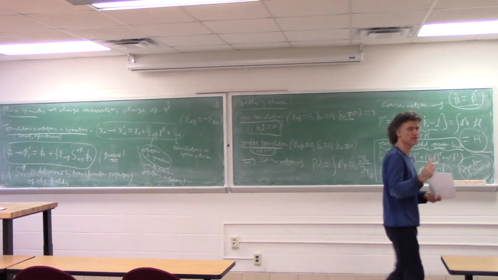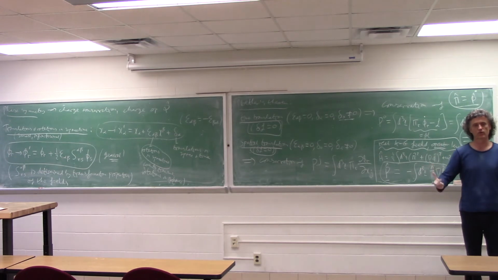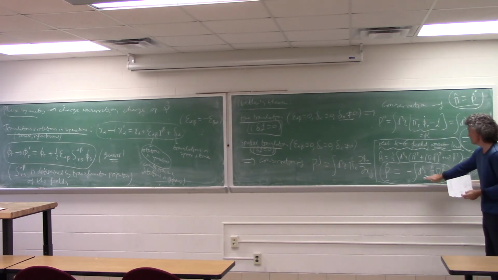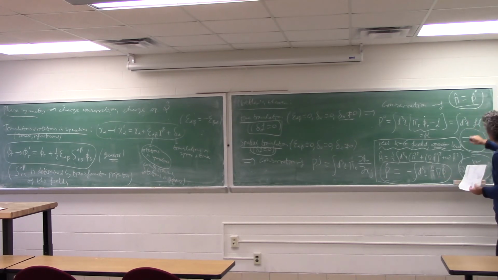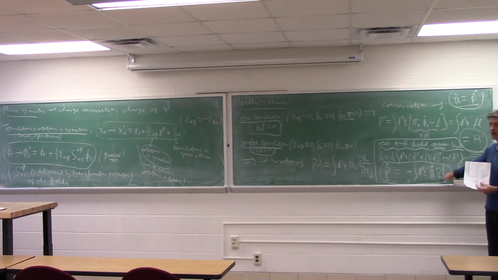But in other cases, the canonical momentum is not the same as the physical momentum. Here in field theory, what you normally think of as the physical momentum of the total field is actually given by this expression. Pi is the canonical momentum conjugate to the field at a point, but the physical momentum for the total field system is given by this expression.